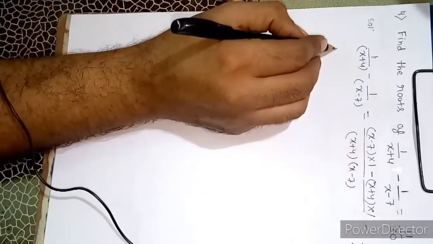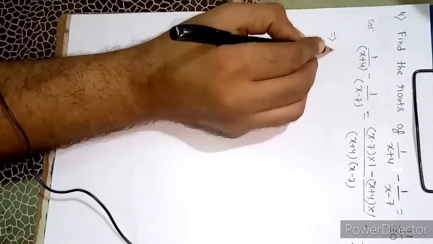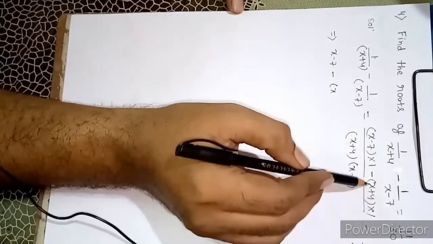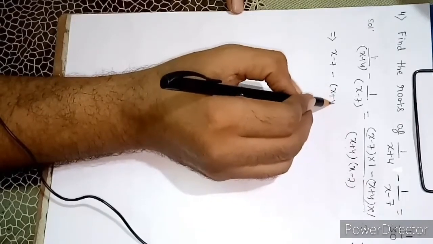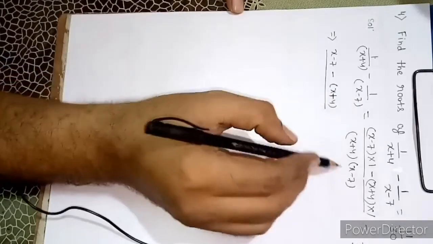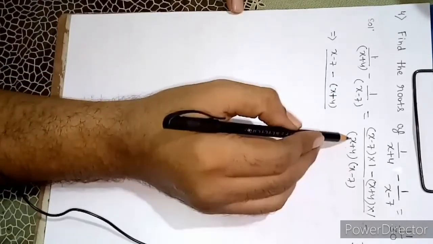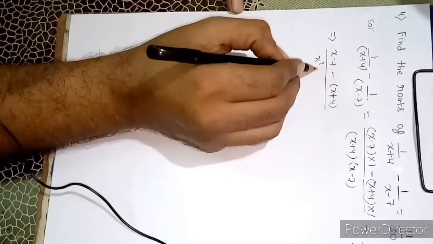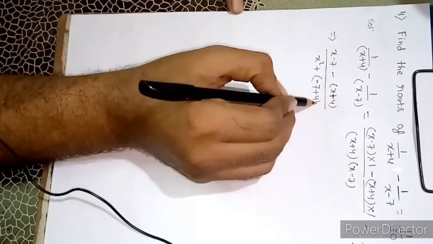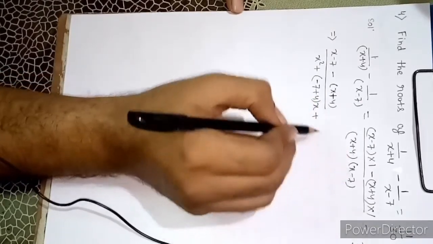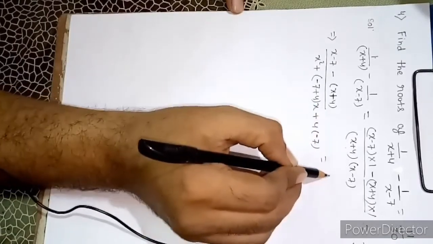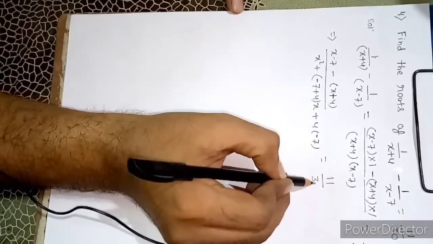Now you simplify it. The x minus 7 into 1 is x minus 7, minus 1 into x plus 4 is x plus 4. And here if you split it, you are getting x square plus minus 7 plus 4 into x plus 4 into minus 7 equals to 11 by 30.